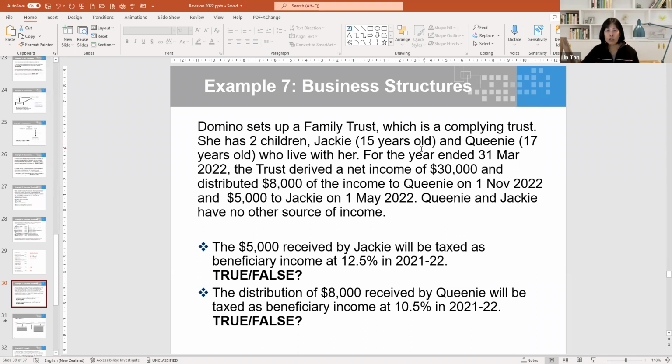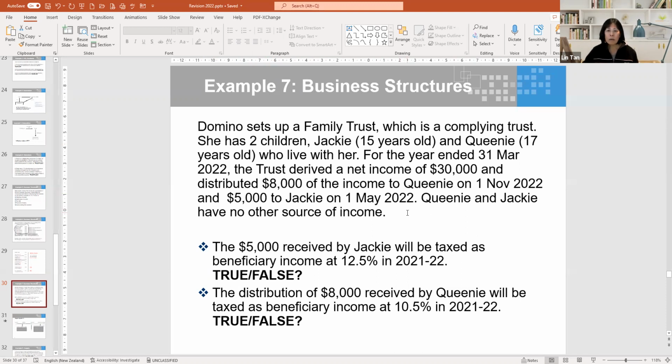you're given the age. And we're looking at one particular year, 31st March 2022. Income derived by the trust in that year is $30,000. And the trustee decided to distribute $8,000 to Queenie on 1 November 2022, and $5,000 to Jackie on 1 May 2022.